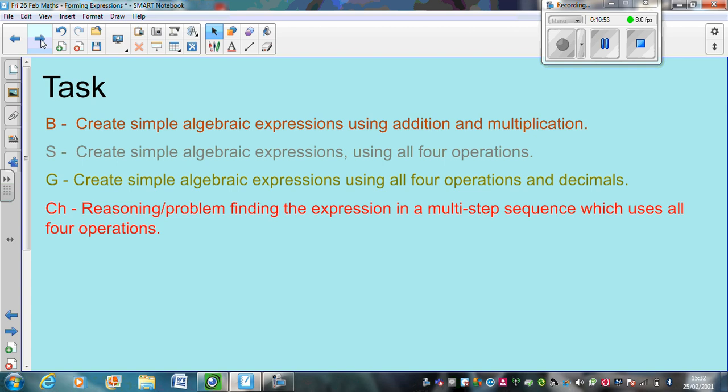It's now time for you to go on with your task. So, I simply want you to go back to your links page. We've got bronze, silver, gold, and challenge. And I want you to work through steadily and see how you get on. If you find this really easy and you whiz through in 5 minutes, please don't stop there. Go further. Be ambitious.